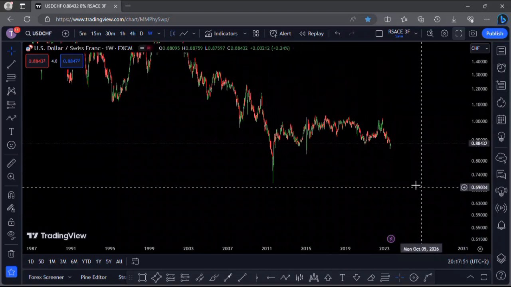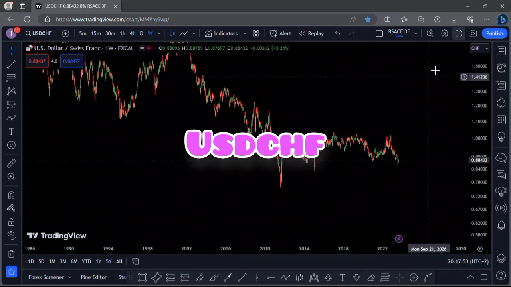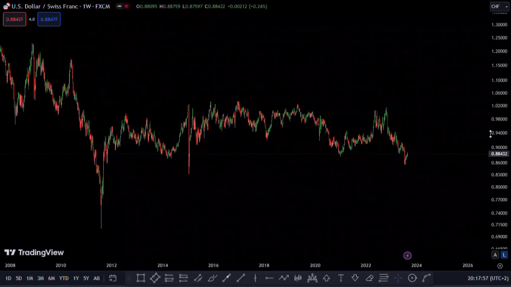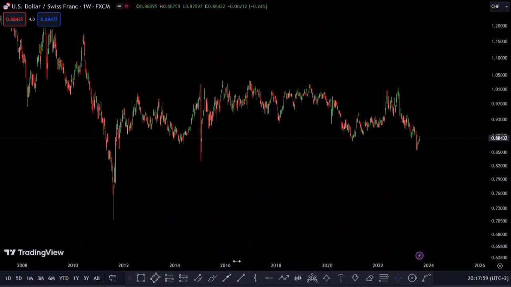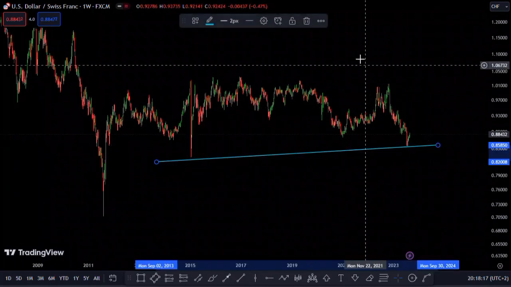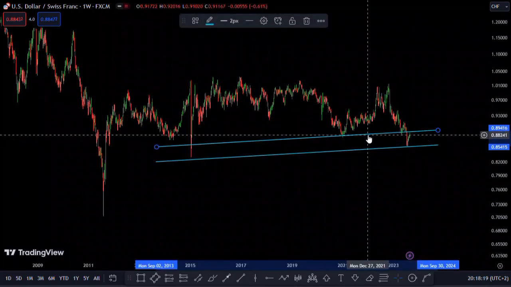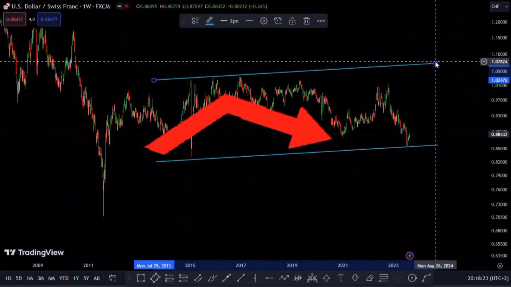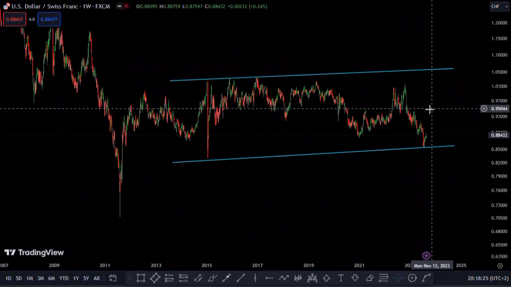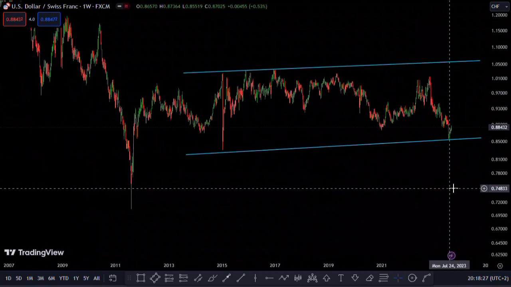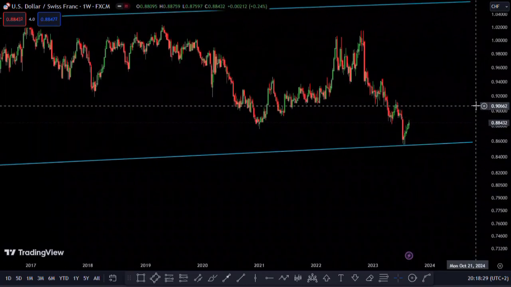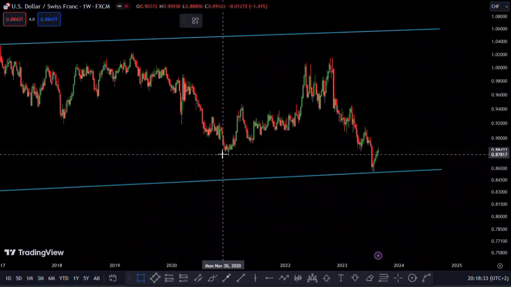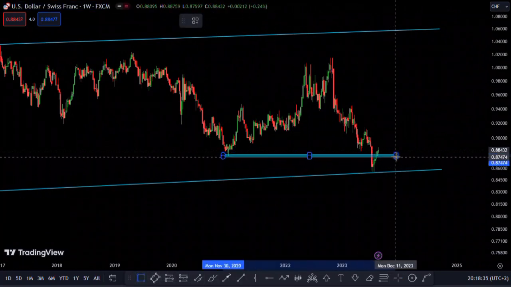Okay, this is USDCHF on the 1 week time frame. On the 1 week time frame, the only thing we are looking for is the structure. Okay, I'm seeing some type of a bullish trend, and this thing is very simple.